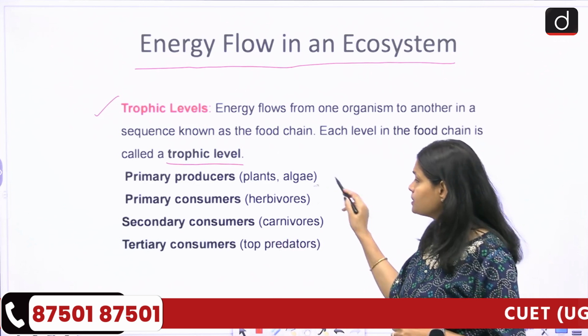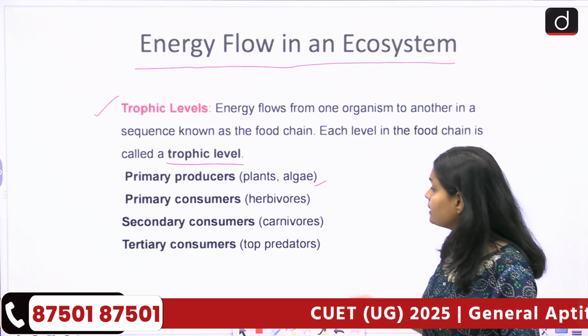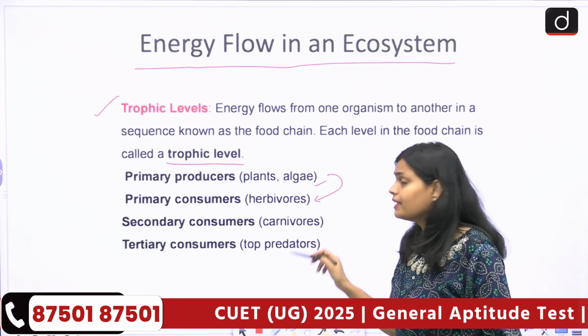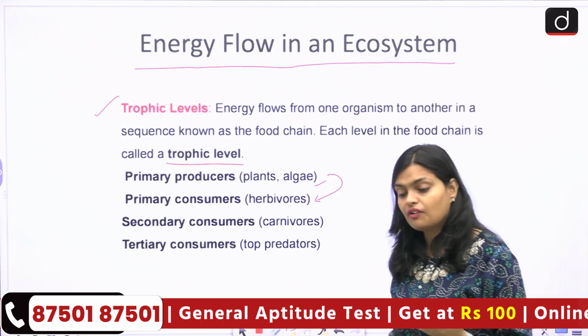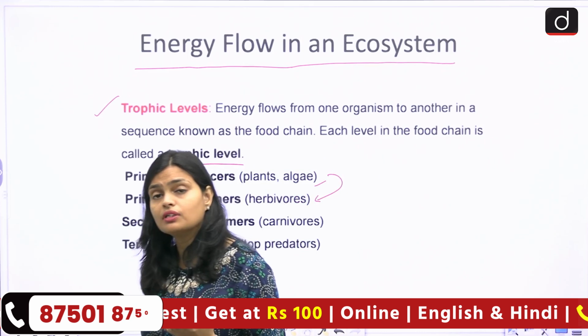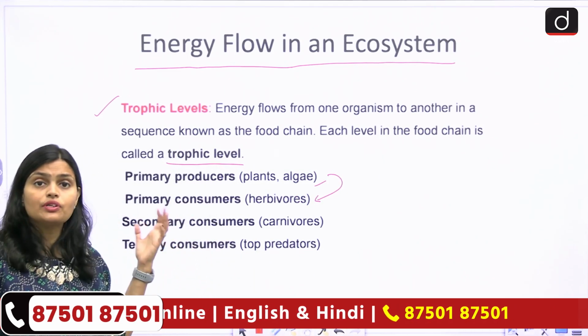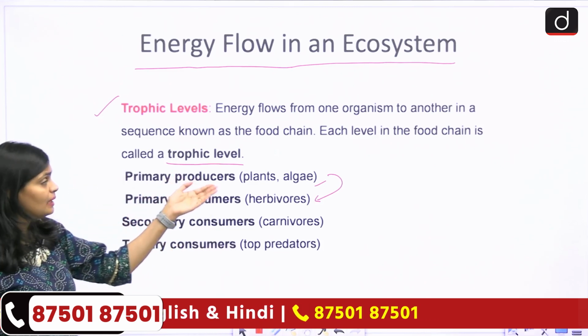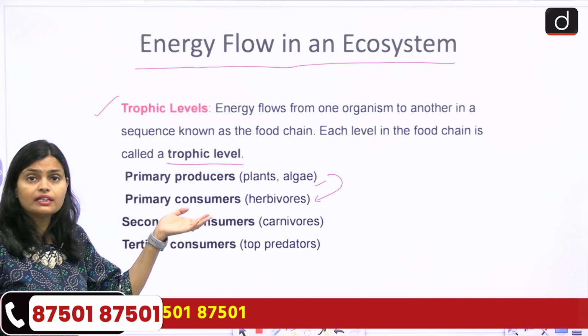Producers like plants and algae produce food, and that is eaten by herbivores, the organisms which take their nutrients from plants only. So herbivores become the primary consumers.